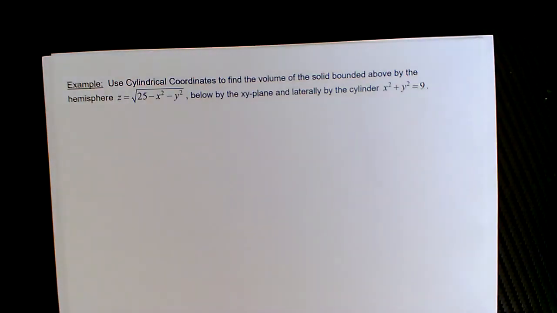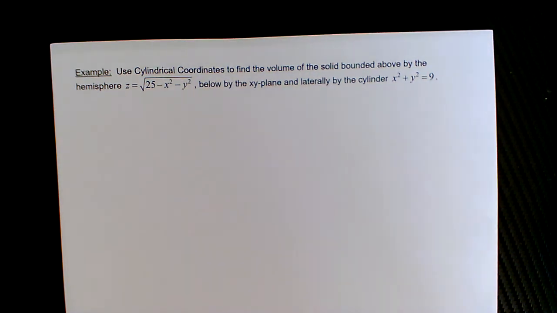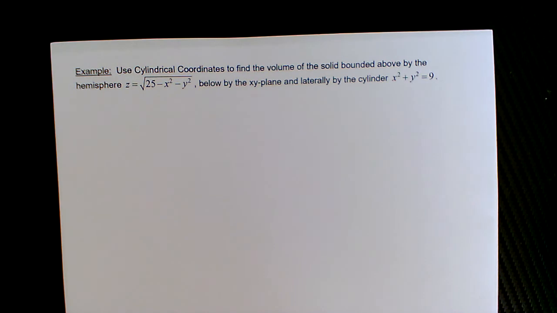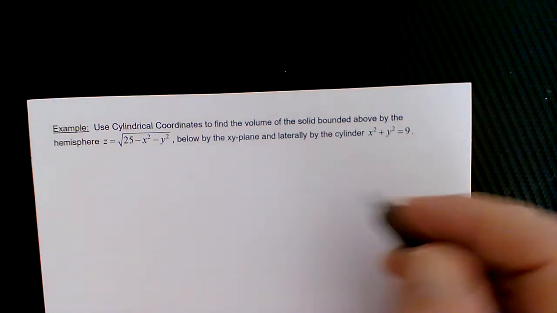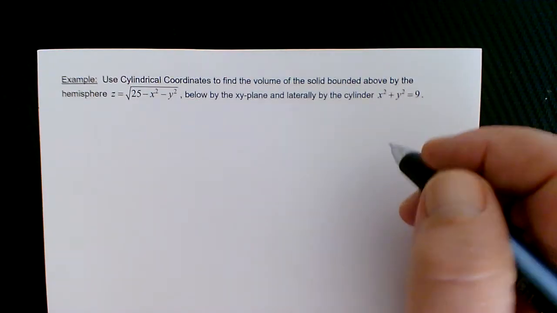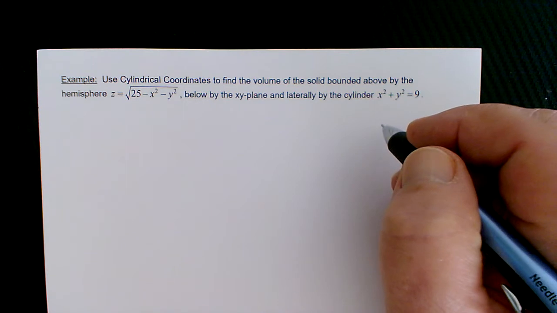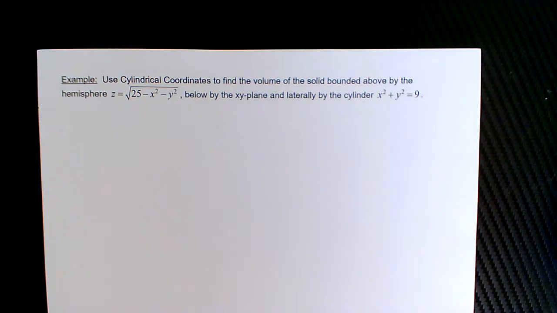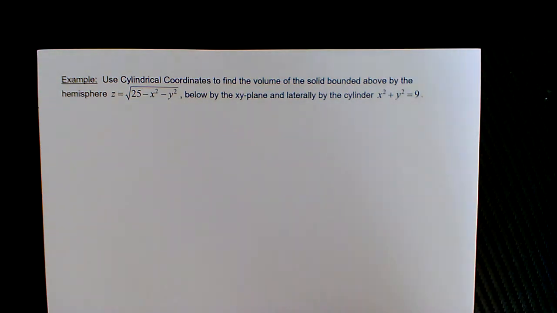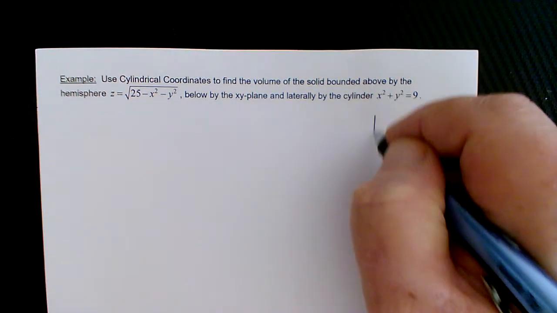And so here we have an example where we have a hemisphere above, the xy-plane below, and then laterally a cylinder. For questions like this, I'm going to give you the graphs, but you should practice when you do your homework, of course, to be able to graph these types of things.